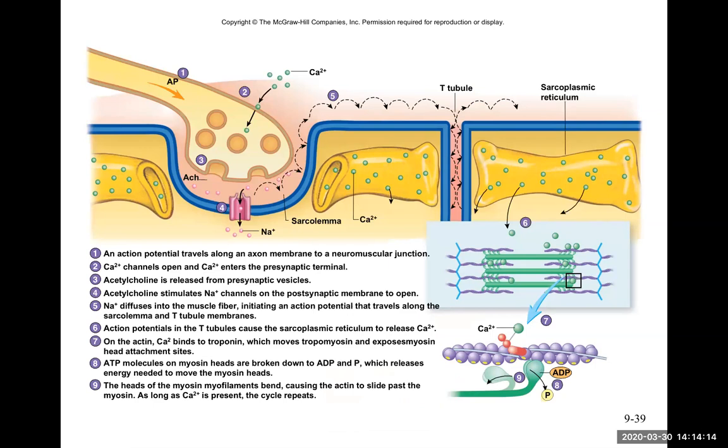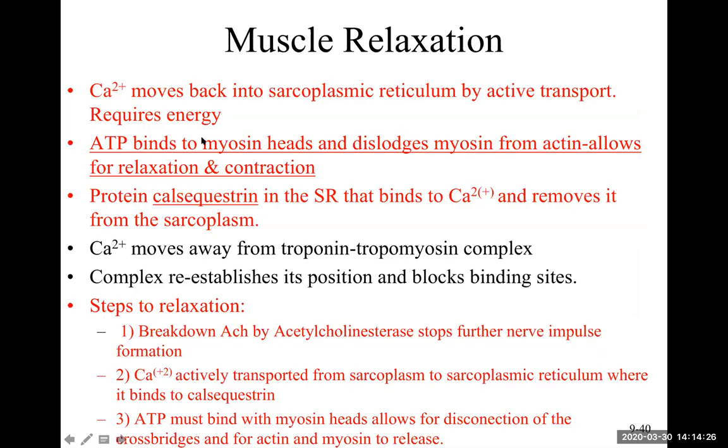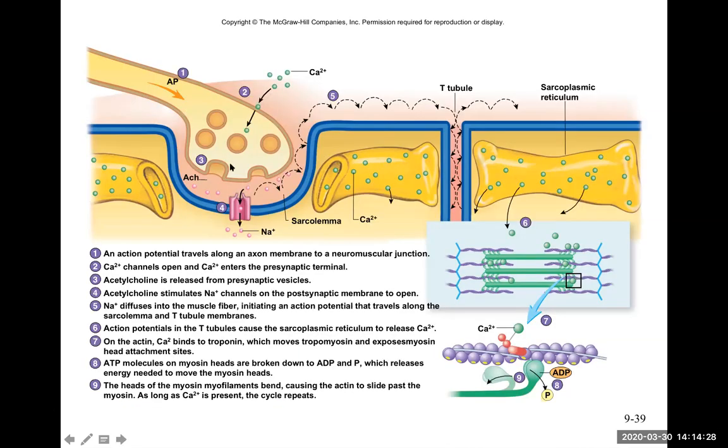You have an action potential going down the motor neuron into the terminal, the synaptic bulb area right here. That action potential causes calcium to rush in. Calcium rushing in causes acetylcholine release. Acetylcholine binds to its receptor, which is a sodium channel. Sodium rushes in, allowing us to hit threshold.